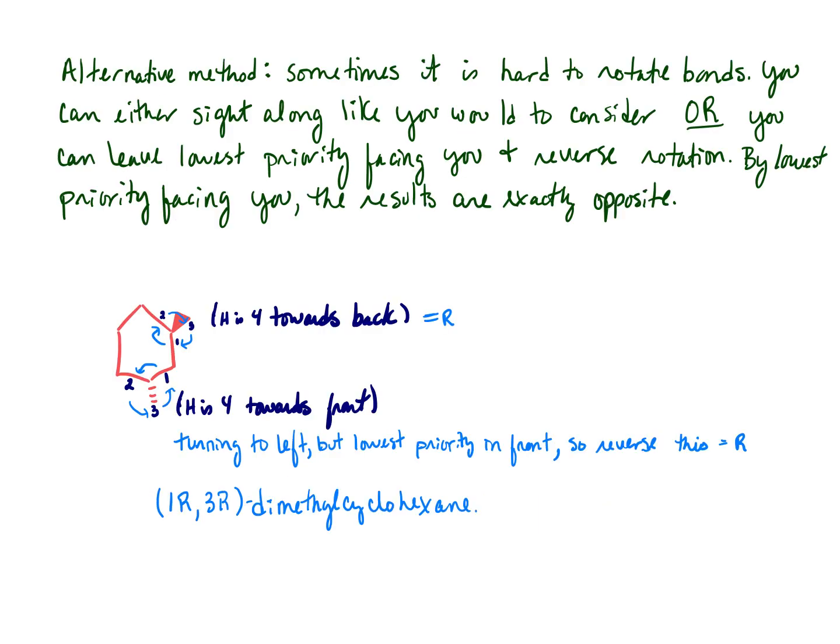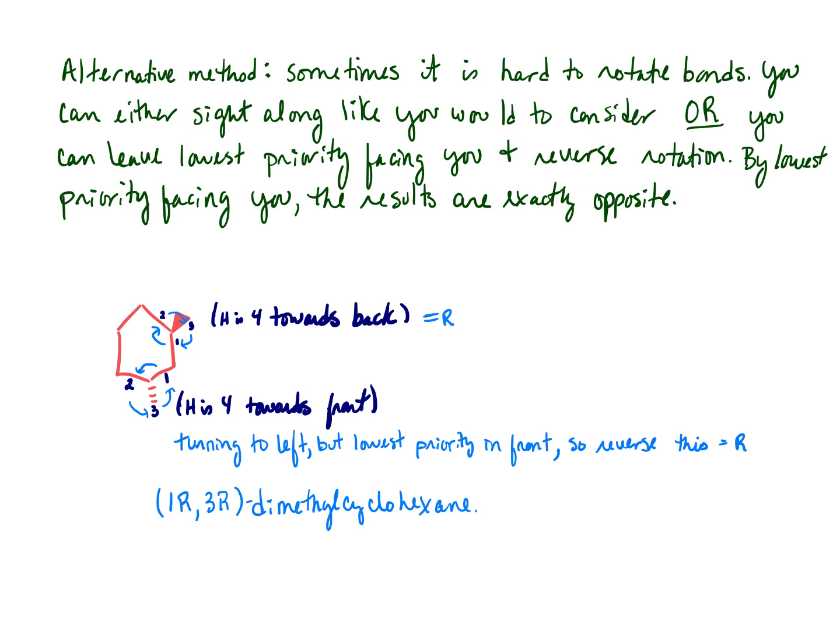Okay. Well, what happens when we have things like that ring where sometimes you have the priority in the back and sometimes you've got it in the front and you can't really start rotating a ring all over the place? Well, it's easy to also look at things if your lowest priority is directly aiming at you, right in front of you.